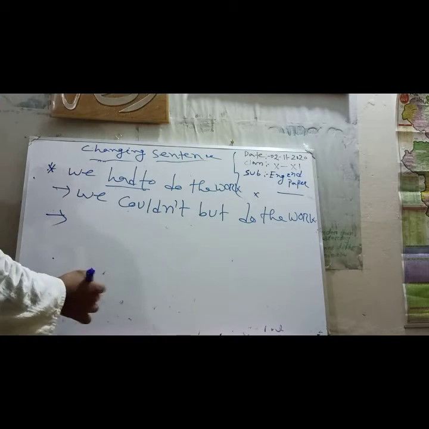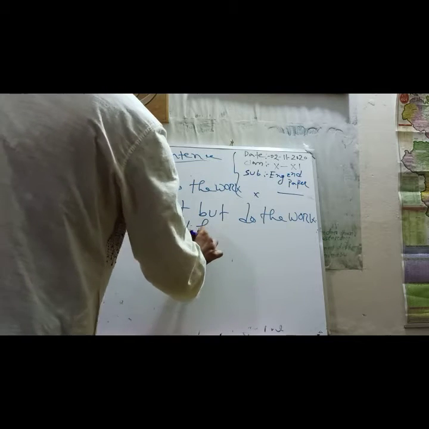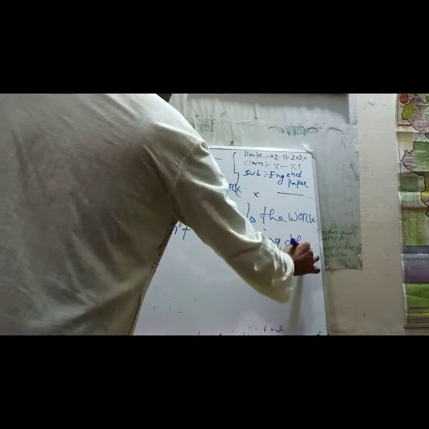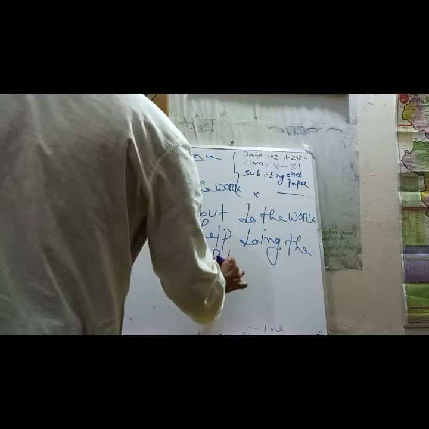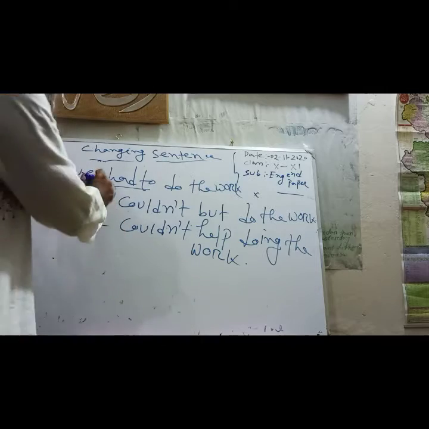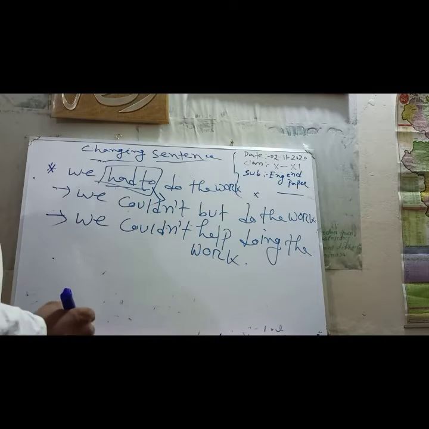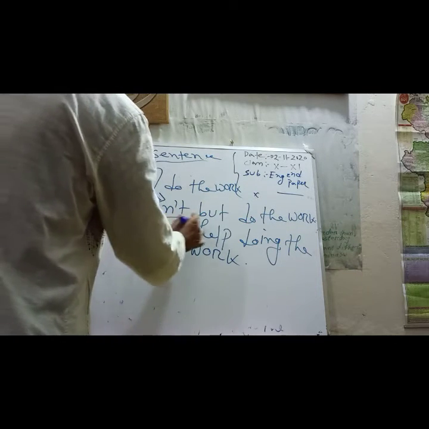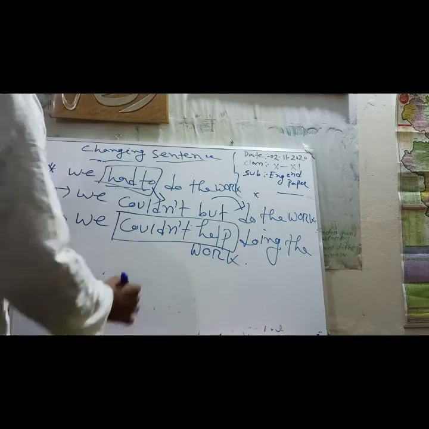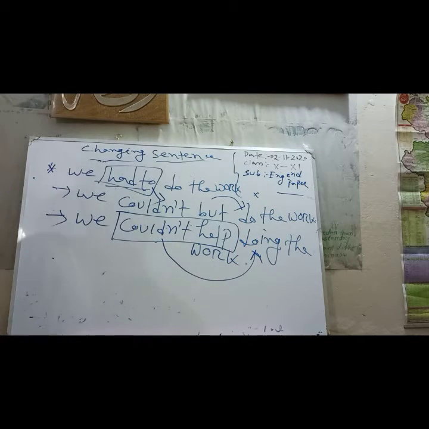Or we can give another example: we couldn't help doing the work. So if we get had to, then we use couldn't but instead of had to. Or we can also use couldn't help. If we use couldn't but, then we use the present form of the verb. But if we use couldn't help, then we use the ing form of the verb.